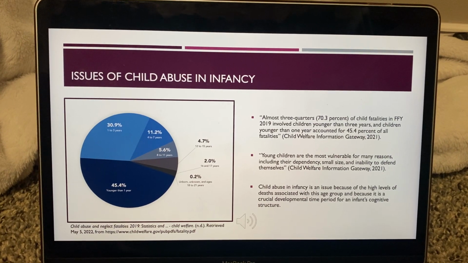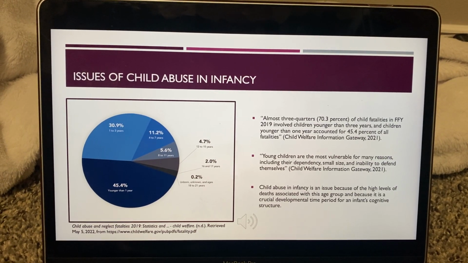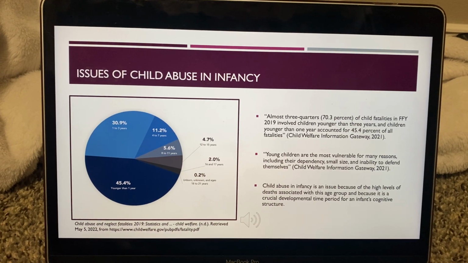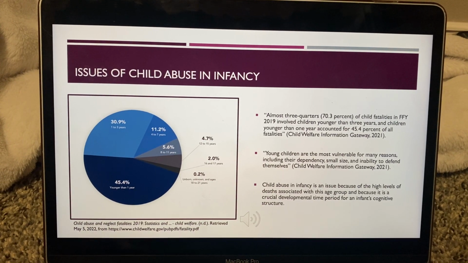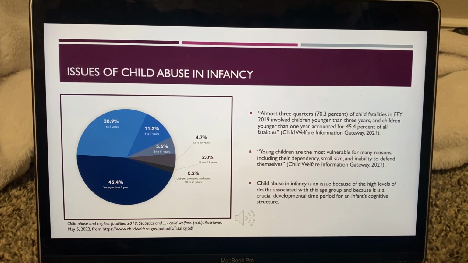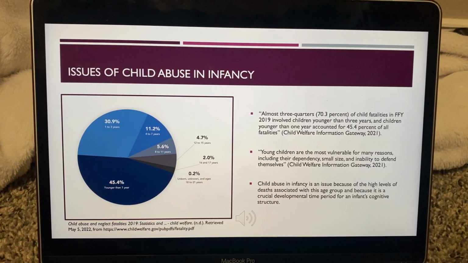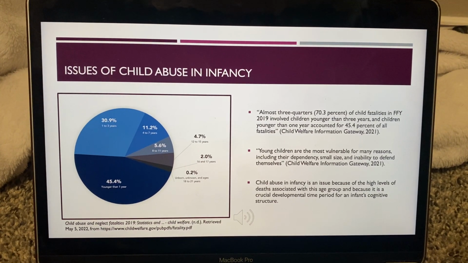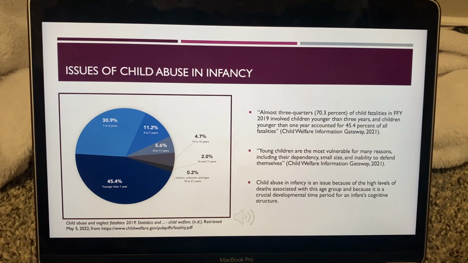Almost 3/4, or 70%, of child fatalities involve children younger than 3 years. Children younger than 1 year accounted for 45.4% of all fatalities. Young children are the most vulnerable for several reasons. They're dependent on their caregivers, they're very small, and they have an inability to defend themselves.